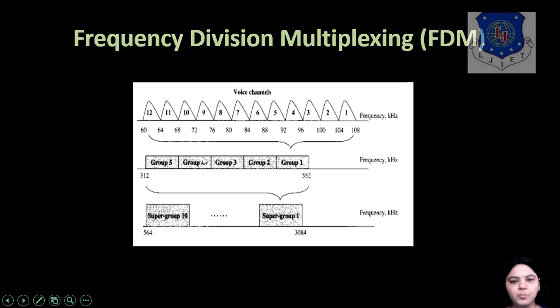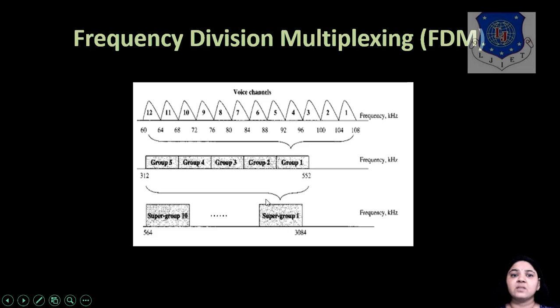Similarly my group 1 to 5, all the frequencies can also be combined, and I have one super group. So this way voice channels make a group, and a number of groups make one super group.